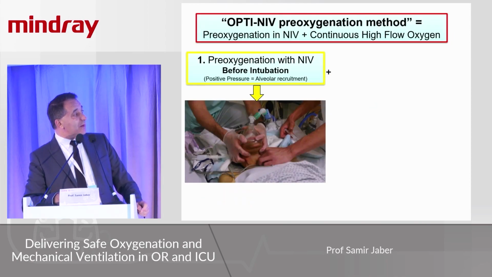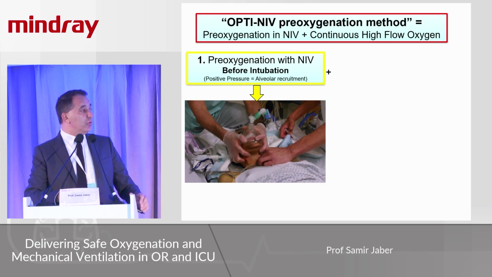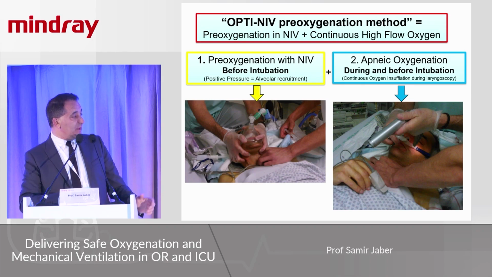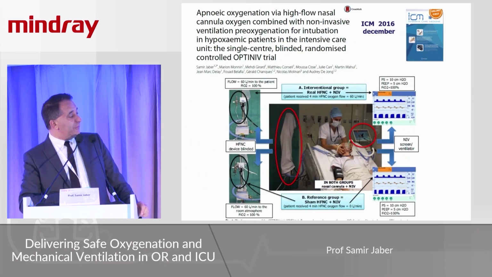So that's why we combine both. Optiniv is OptiFlow, high flow oxygen, plus non-invasive ventilation, to try to win the effect of the positive pressure that could allow alveolar recruitment, and to use apneic oxygenation during intubation using high flow oxygen therapy during the laryngoscopy, which could deliver oxygen continuously. Then, combining both, we performed this trial.